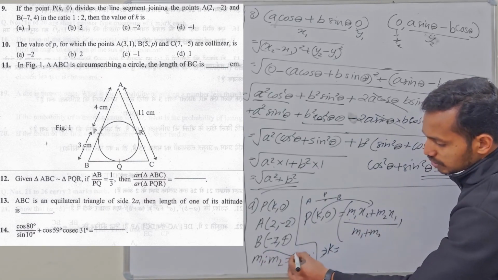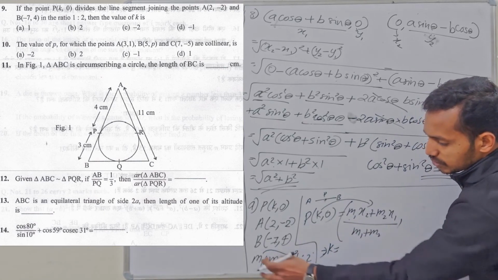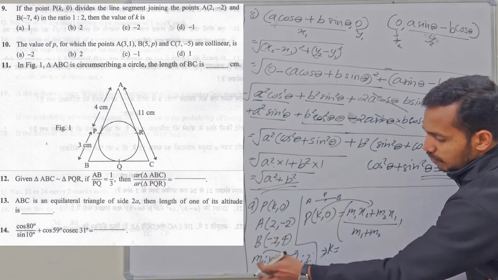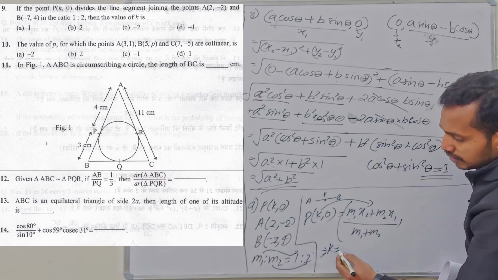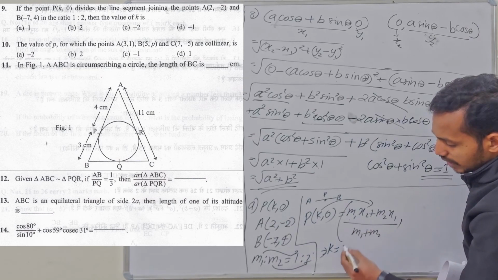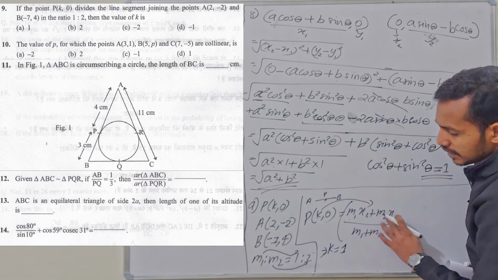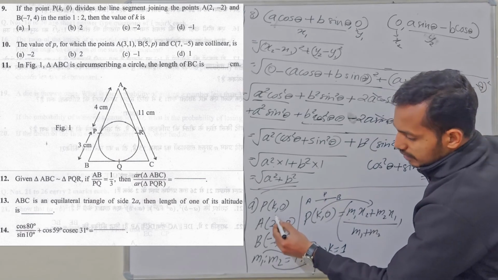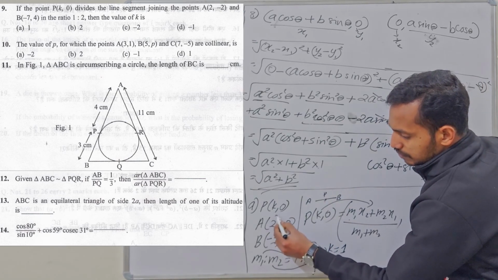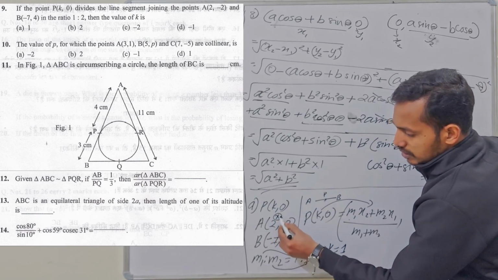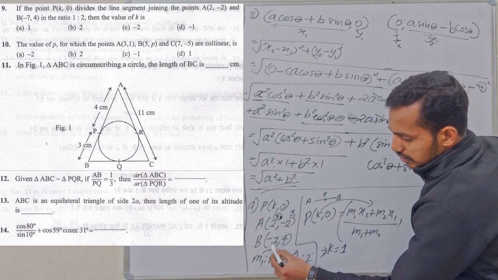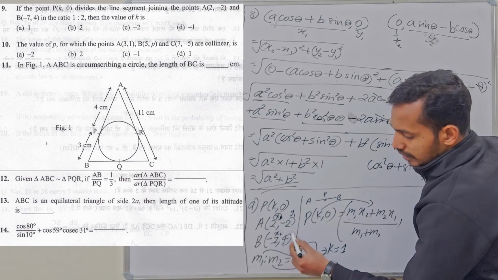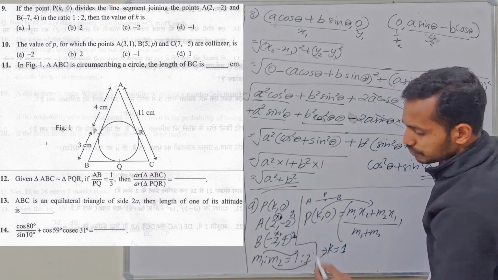What is m1? m1 is equal to 1 and m2 is equal to 2. The corresponding ratios are m1 is 1 and the value of m2 is 2. Clear? Now what is x1 and x2? Here we can write that this is x1 and this is y1, and we consider this as x2 and this as y2.